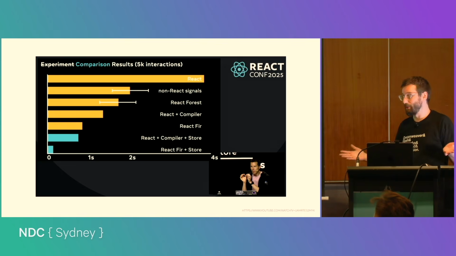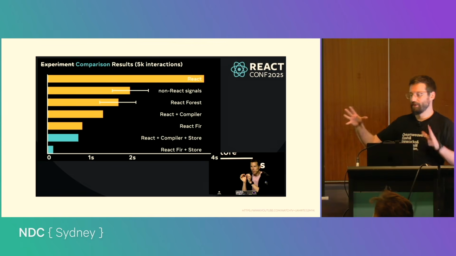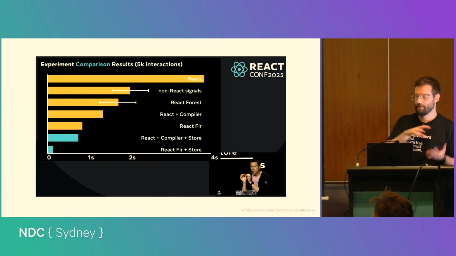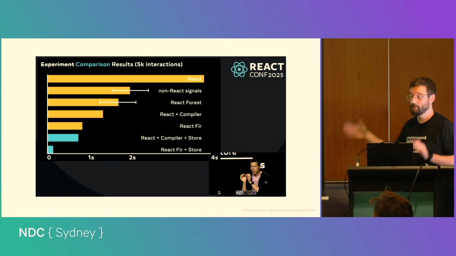So they also acknowledged that signals can help with performance. But the idea is that if React itself can do a lot of that memoization and make the re-renders more efficient, React plus the new compiler will be even faster than React with signals.